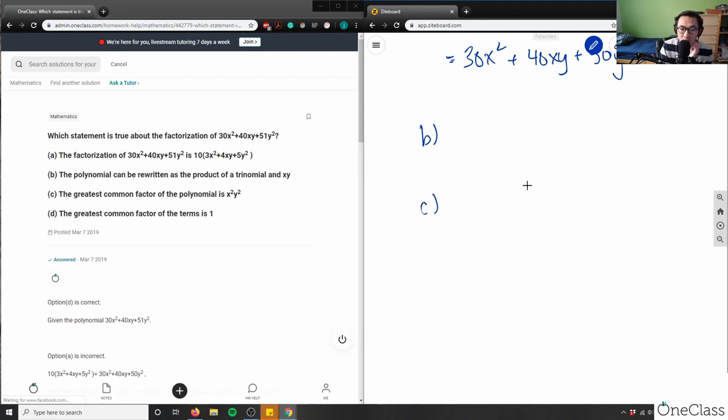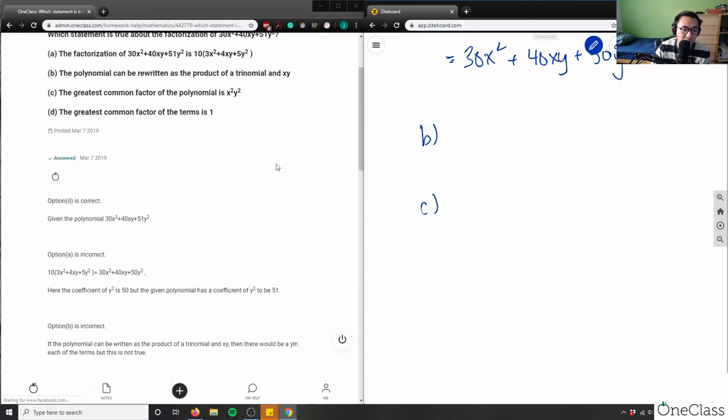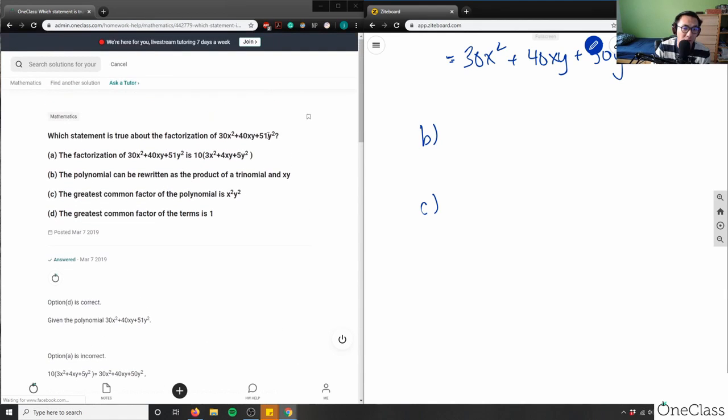So C here says the greatest common factor of the polynomial is x squared y squared. It's actually not correct, because x squared and y squared is not common to all three of these terms, right?